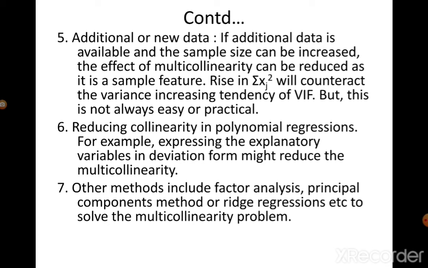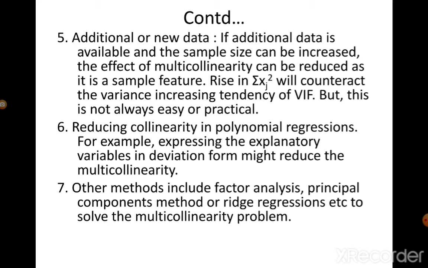The next method is to find additional or new data. Remember, we said that while the variance inflationary factor is related to your collinearity between the x variables, the variance inflationary power of this collinearity can be reduced if the variation of the x variables, that is the additional data or the sample size, can be increased.